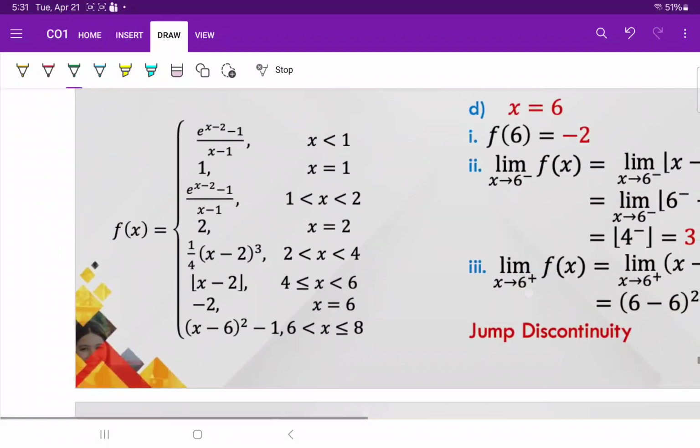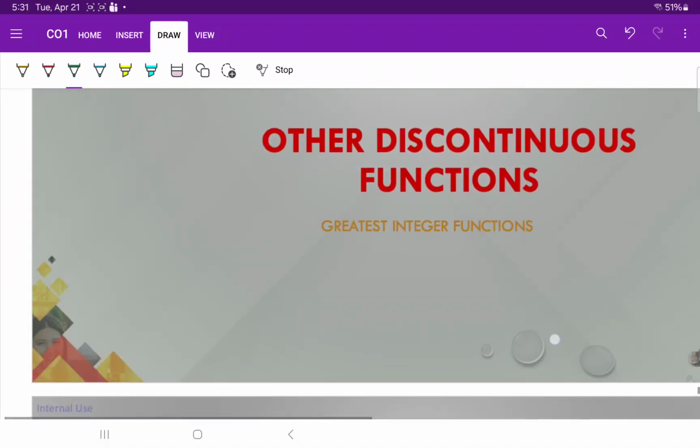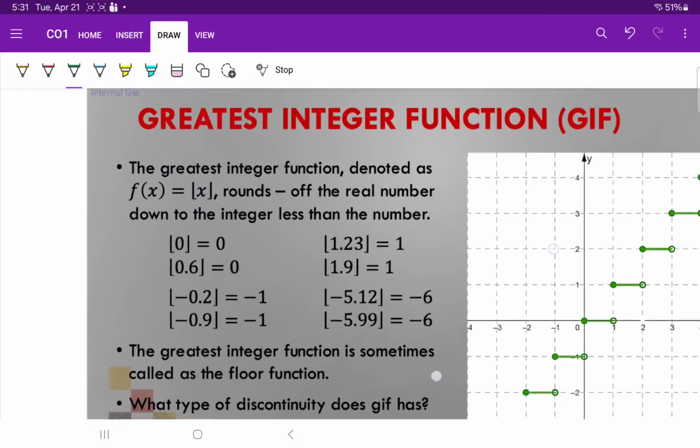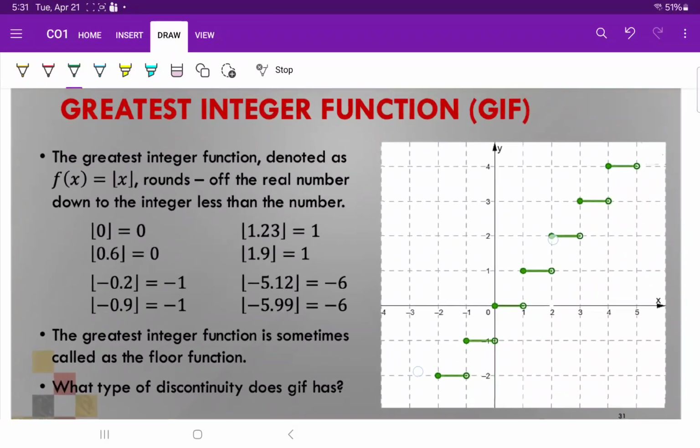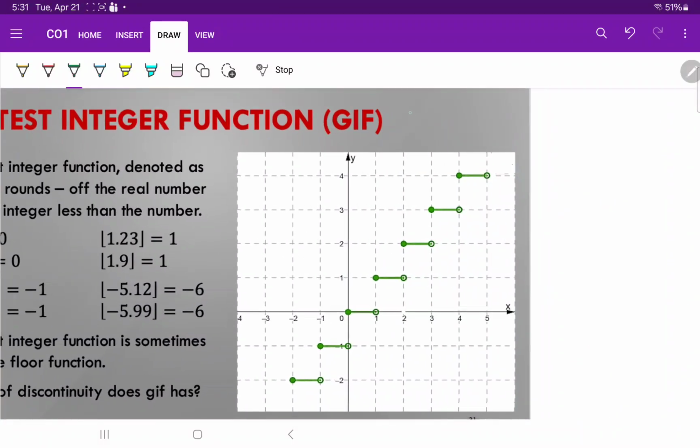Alright, so there's one more discontinuity that I want to discuss with you, and we call this the greatest integer function. This is different because, remember, if it's simply like this, you have an absolute value, but this is different.